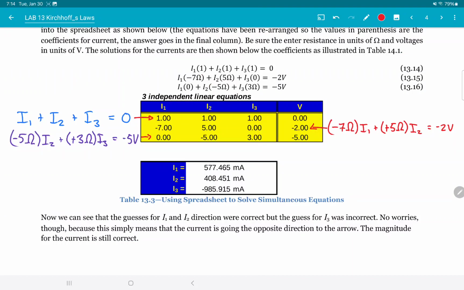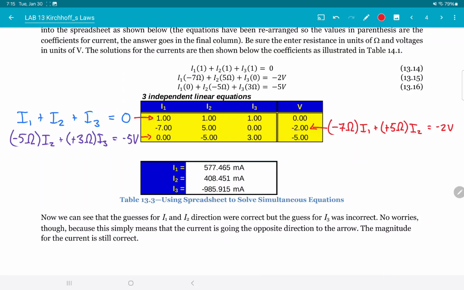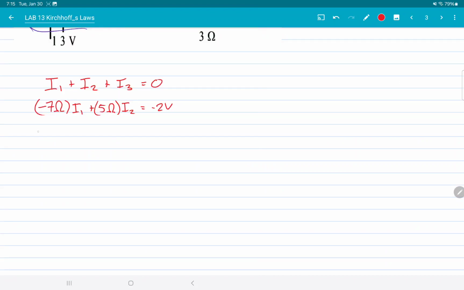We would have our negative 7 ohms times I1 plus 5 ohms I2 equals negative 2 volts. We would have our negative 5 ohms I2 plus 3 ohms I3.